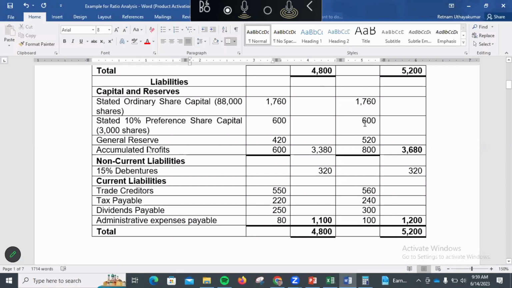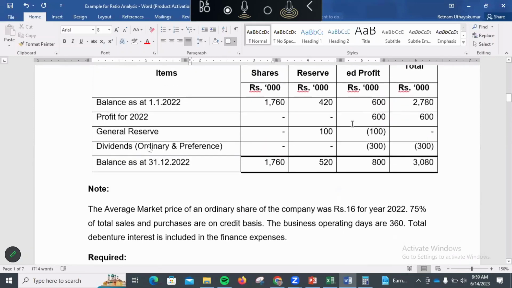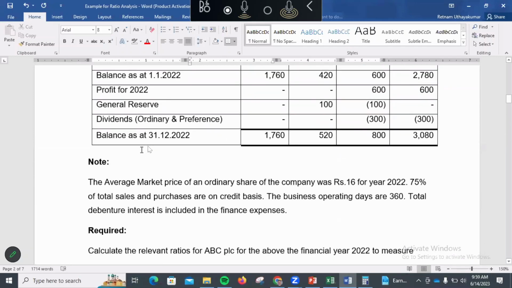So it's 10% of share capital 600, which is 60. Here it is also given in the dividend statement, both ordinary and preference, and you can't take 300. This is ordinary, this is not fixed.